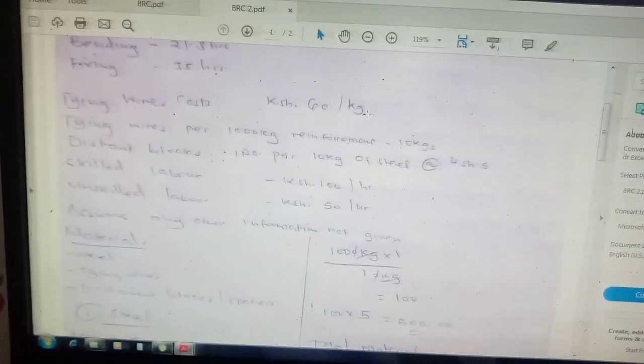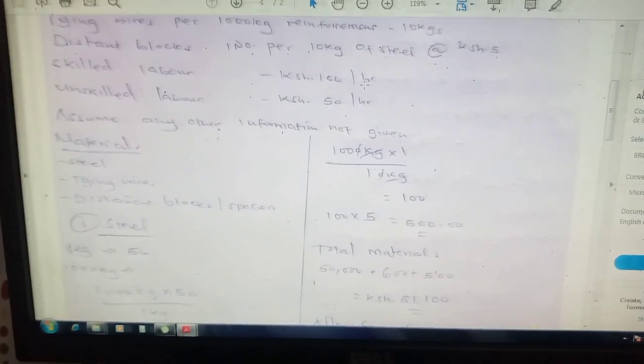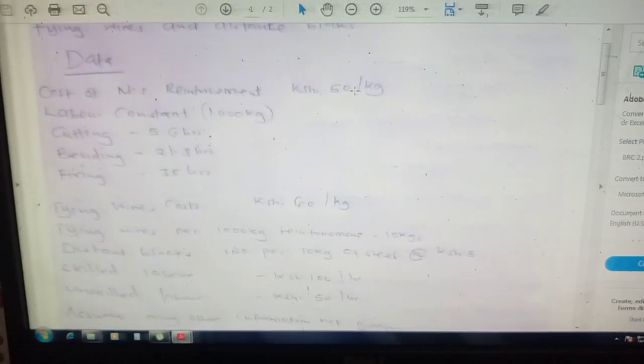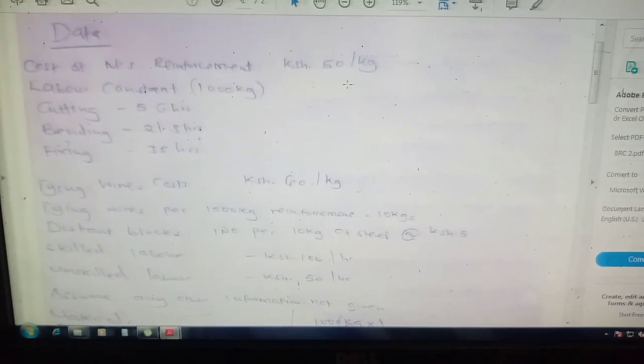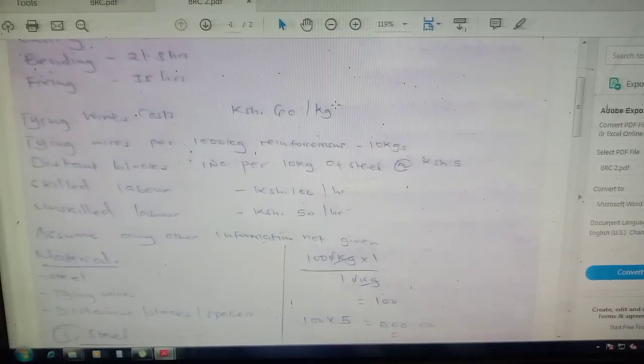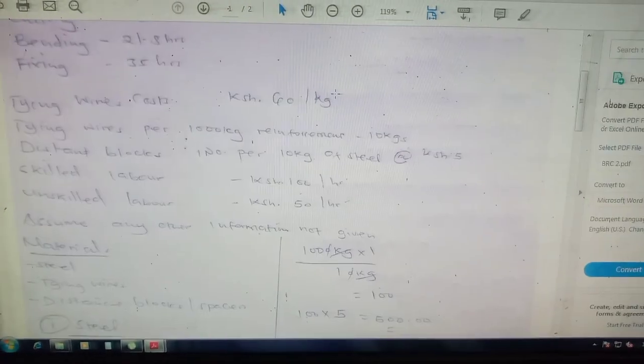So the materials that will cost are steel, tying wires and distant blocks. You can derive the materials from the question, but if not specified in the question, you'll come up with the materials that will be used to do that specific work.